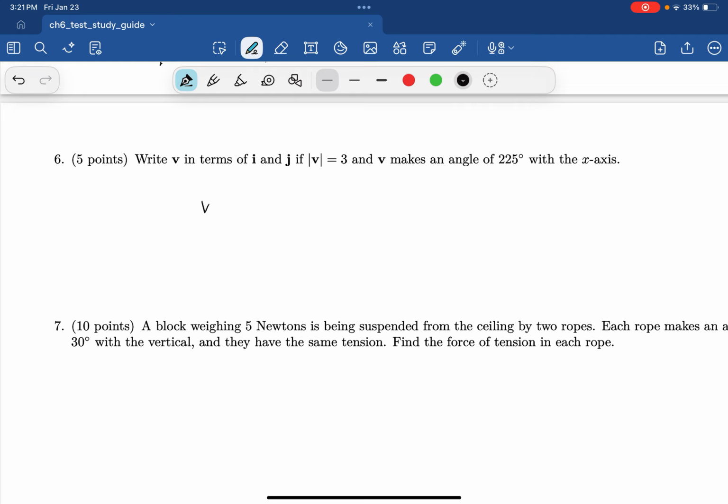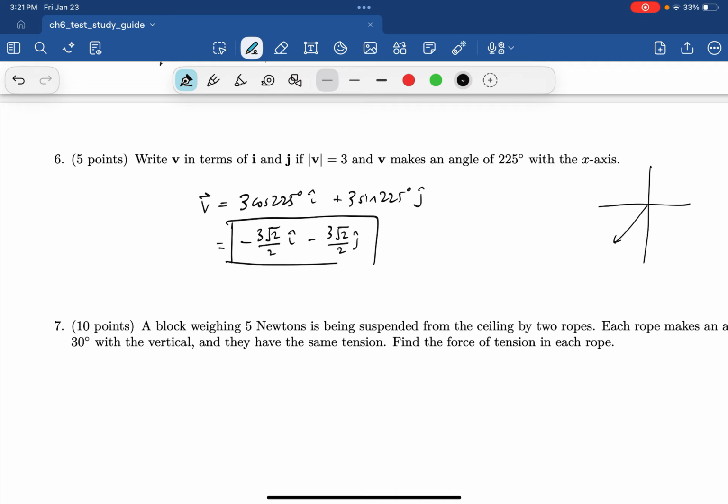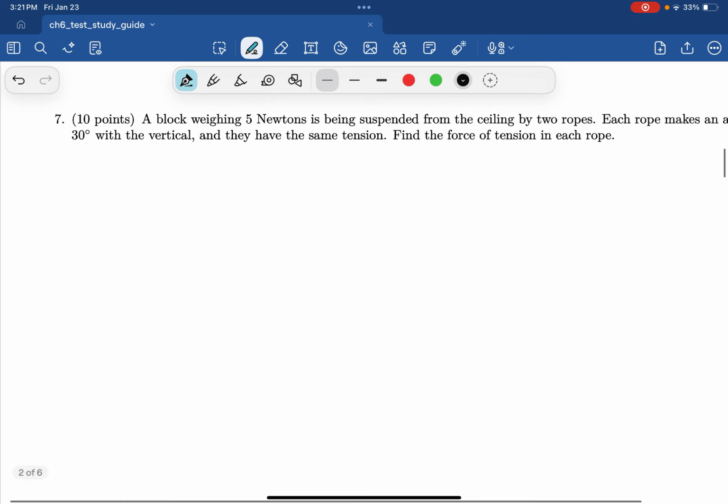So the answer is going to be 3 cosine 225 i plus 3 sine 225 j. 225 is right there, right? 180 plus 45. So those are going to be the x and y coordinates.